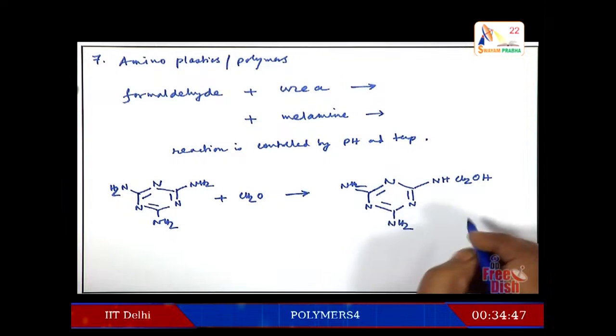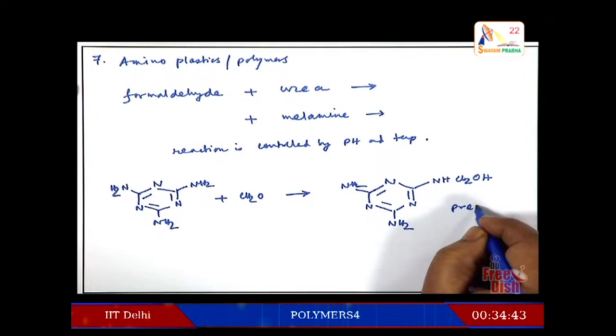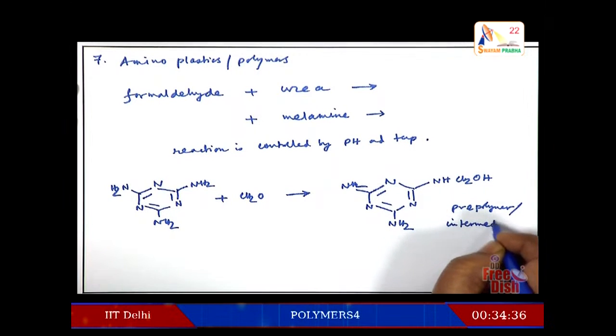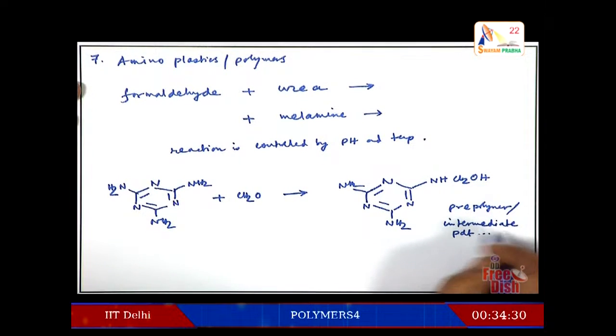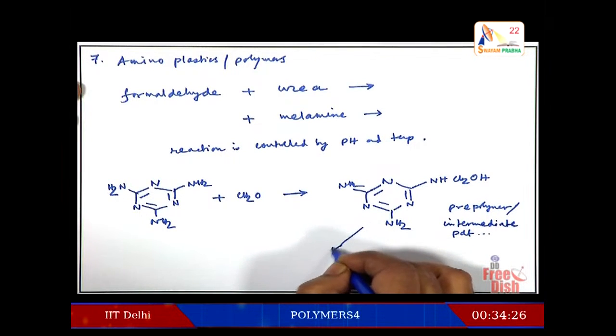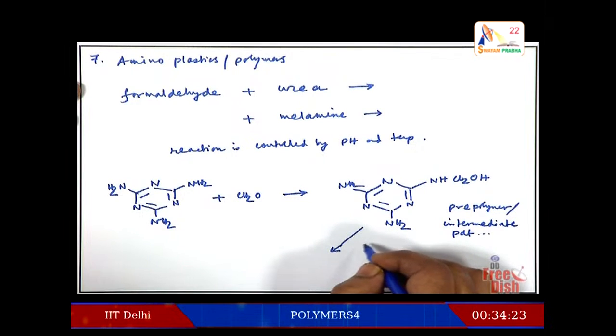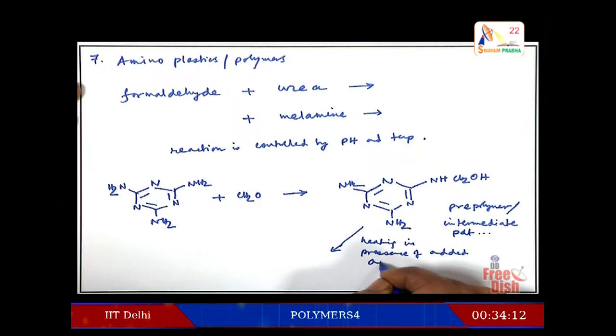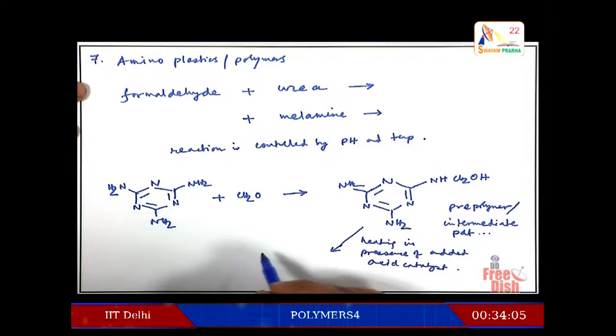First step, it will be a pre-polymer or intermediate product, just like the phenol formaldehyde case, and then we will cross link by heating in presence of added acid catalyst, which basically cross links these polymers, and you get a structure like this.